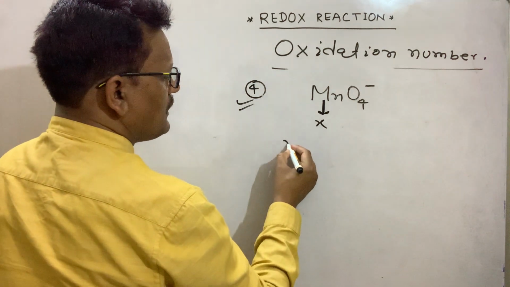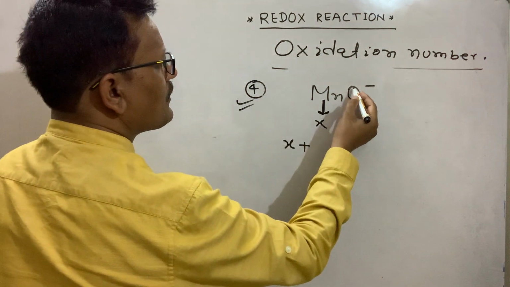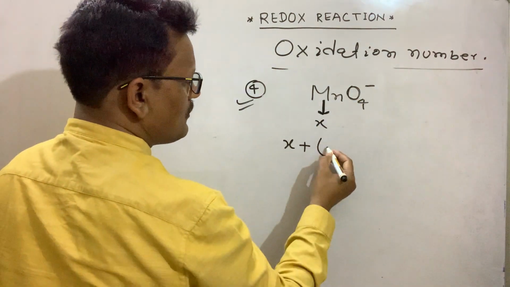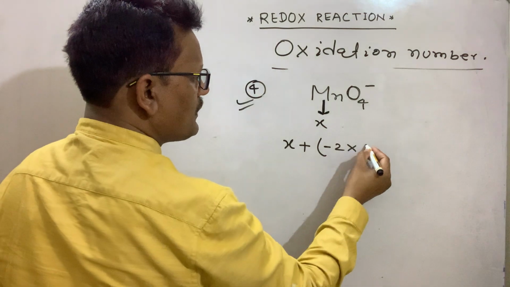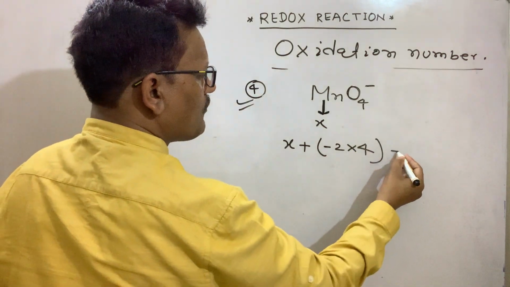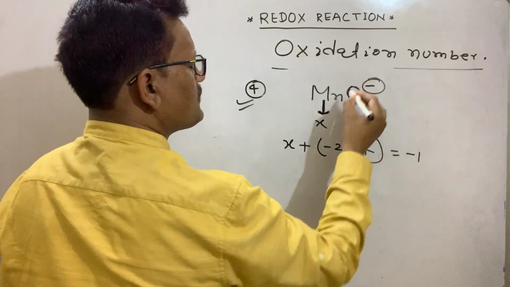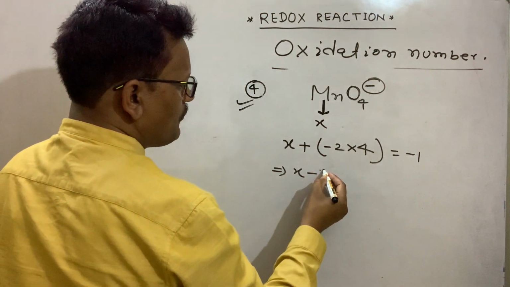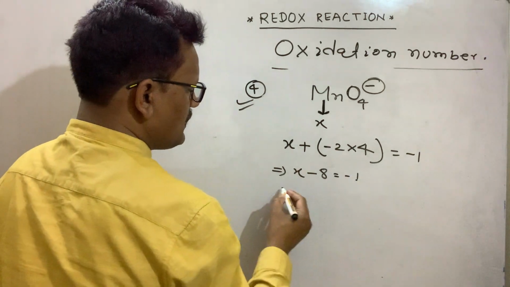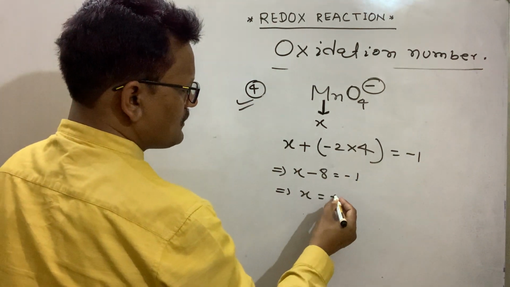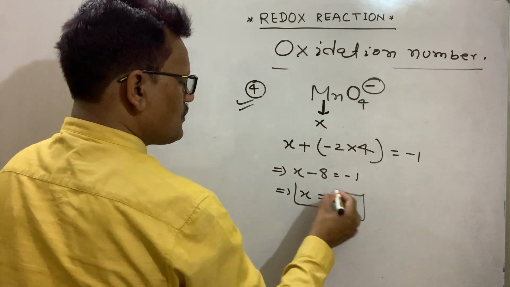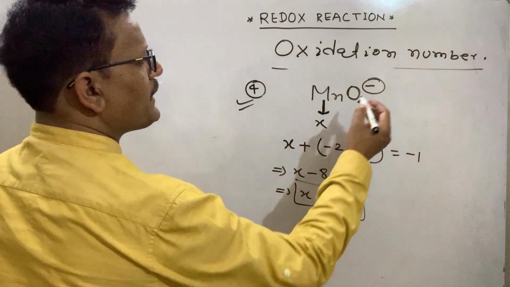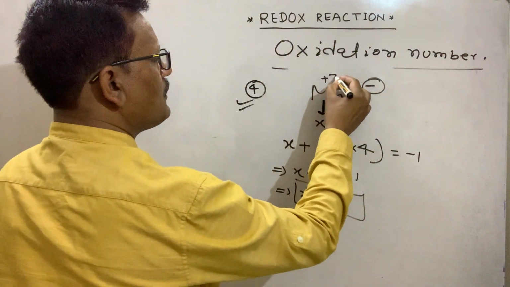So x plus, we have -2 for oxygen multiplied by 4, equals -1. So after solving we get what? We get x equals +7. So the oxidation number of manganese in case of permanganate ion will be +7.